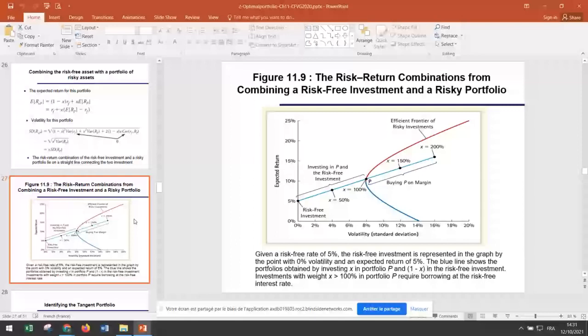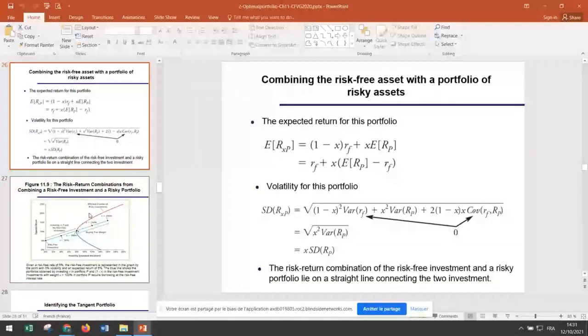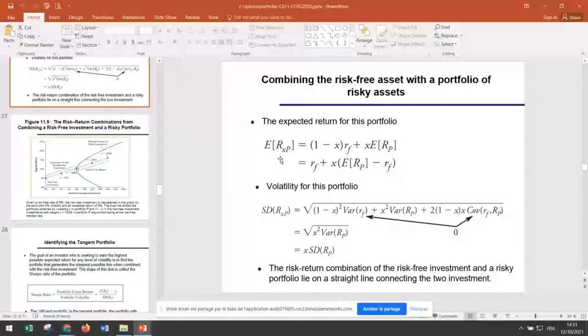That is how we do this in the linear line that you can see here. As you can see here, we have the formula for the expected return of this portfolio and the volatility of this portfolio.